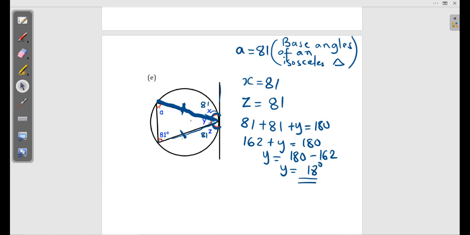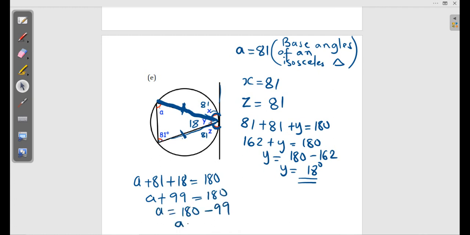And to get my A, 81 plus 18 is equal to 180. So A plus 99 is equal to 180. A is 180 minus 99, and A is equal to 81. And this is how the alternate segment theorem works.